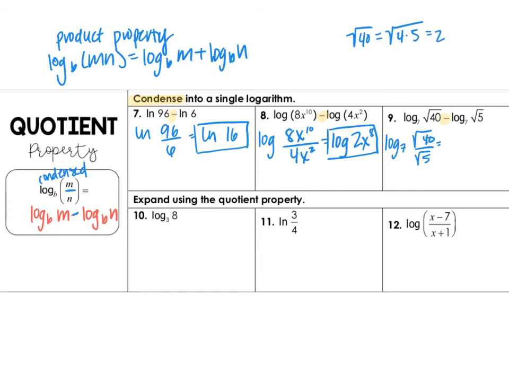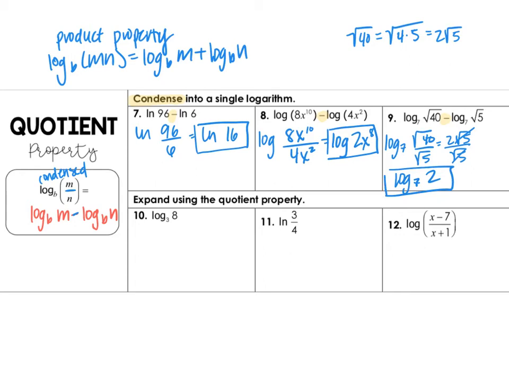Square root of 4 is 2, so that's 2 square roots of 5. So this becomes 2 square roots of 5 over square root of 5. Those square root of 5s will cancel, so this really reduces to log base 7 of 2.